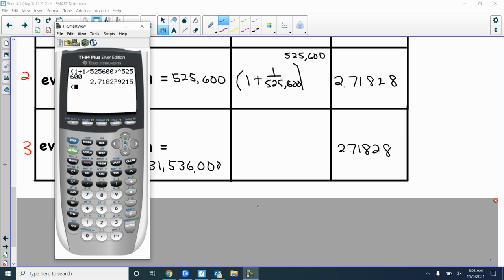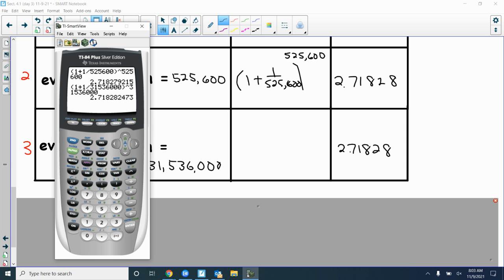Now, what do I get here? 1 plus 1 divided by 31,536,000 to the 31,536,000 power. Okay, now it rounds to 5 decimal places, the same thing. Is it exactly the same thing on my calculator? No, it's close, but it goes 2.718279, and this is 282. So it doesn't keep increasing, but ever so slightly.